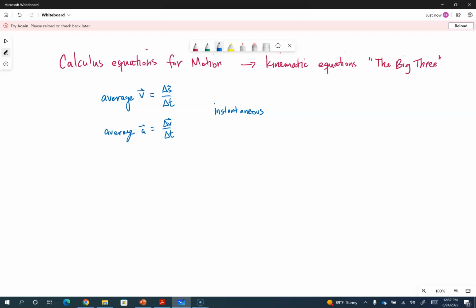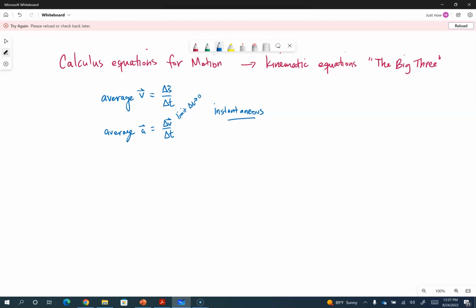So again, as we talk about that, either one of these, we're talking about having the limit. So still talking about a delta S over delta T, where the limit of delta T goes to 0.